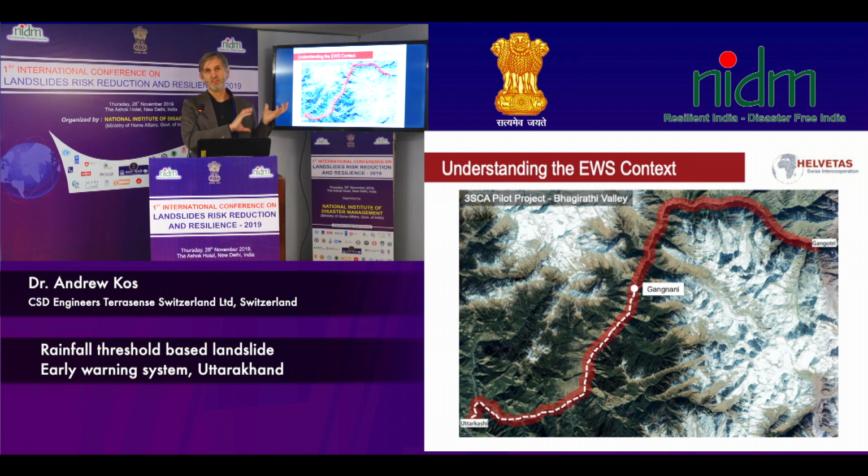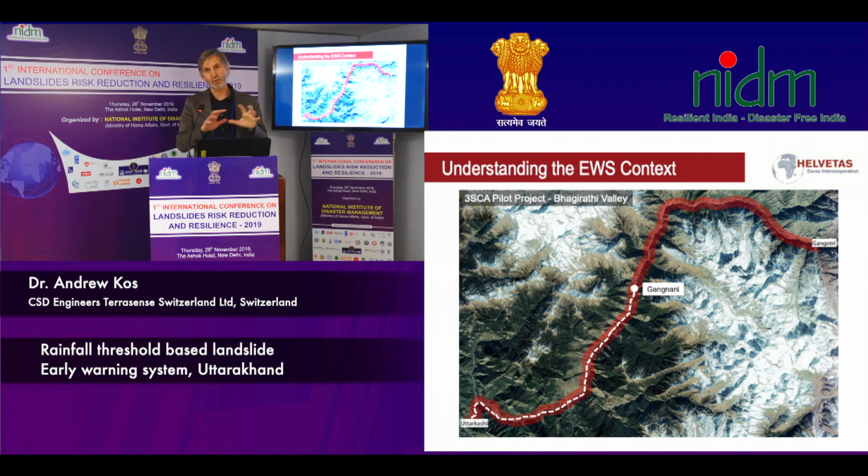Now, when we look at this in the bigger picture, we want to talk about an early warning system based on rainfall threshold. What does that actually mean? We have a large area. We have a road section which is intersected by many different channels, river channels coming off the higher peaks. We have landslides on those slopes. We have cut road sections where we have very sheer rock slopes with loose rocks, basically.